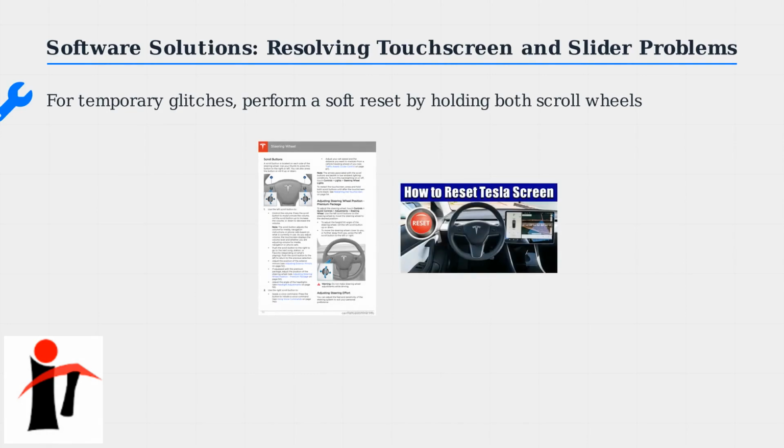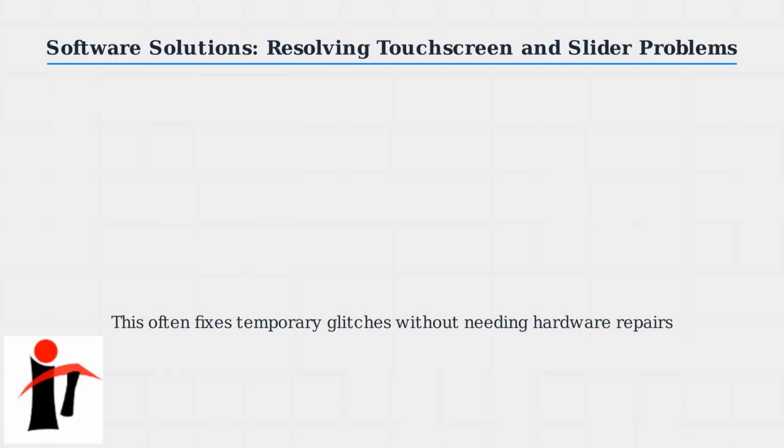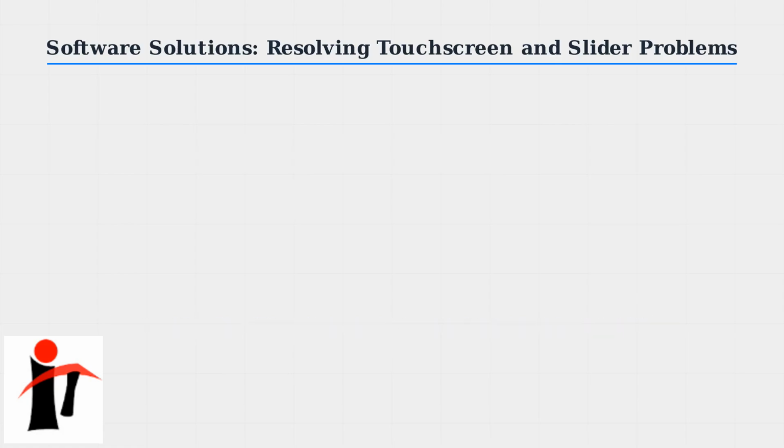If your touchscreen freezes or sliders become unresponsive, try a soft reset. Hold down both scroll wheels on the steering wheel until the screen goes black and restarts. This soft reset method often resolves temporary software glitches, allowing you to avoid more complex hardware fixes.